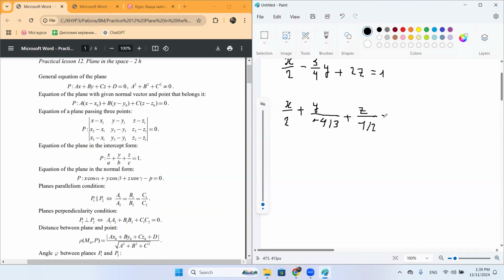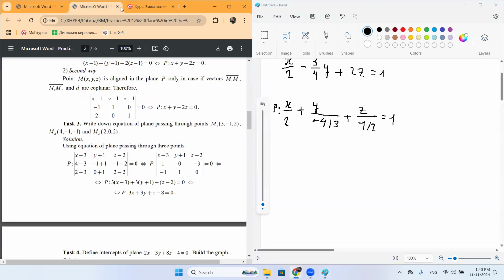And it equals 1. So this is the intercept form of the plane P. So here are the intercepts: 2, minus 4/3 and 1/2.